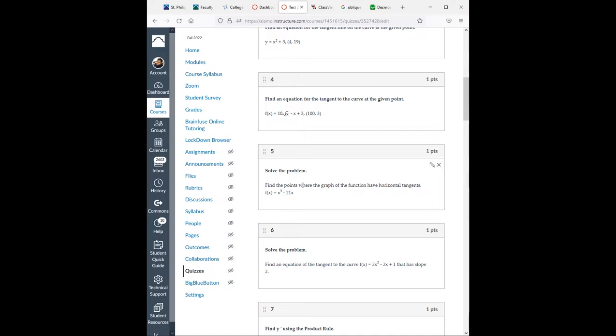This would be negative 7 root 7 plus 21 root 7, which will be 14 root 7. There we go. So the answer will be root 7, comma, negative 14 root 7, and negative root 7, comma, 14 root 7.